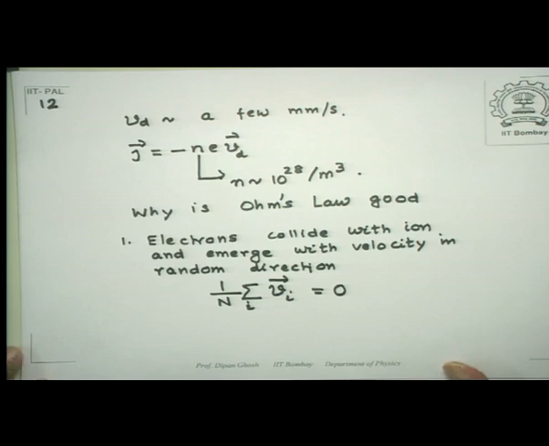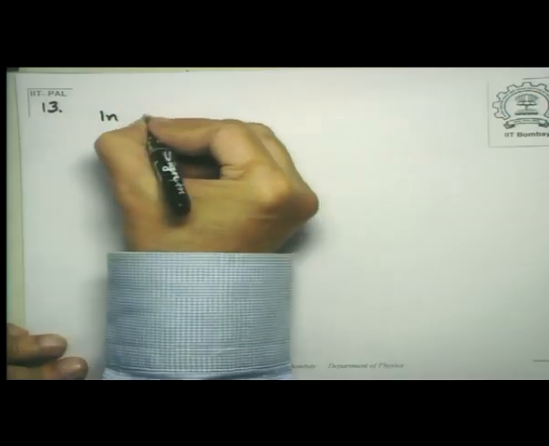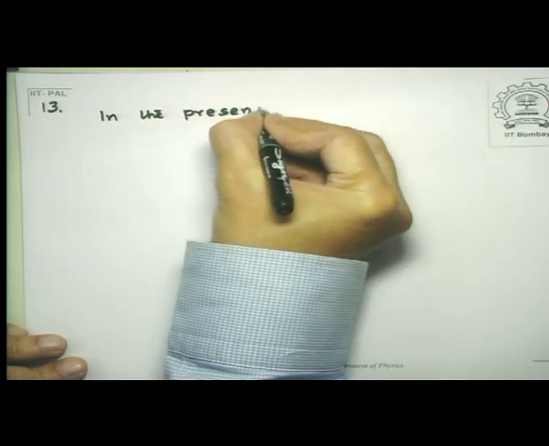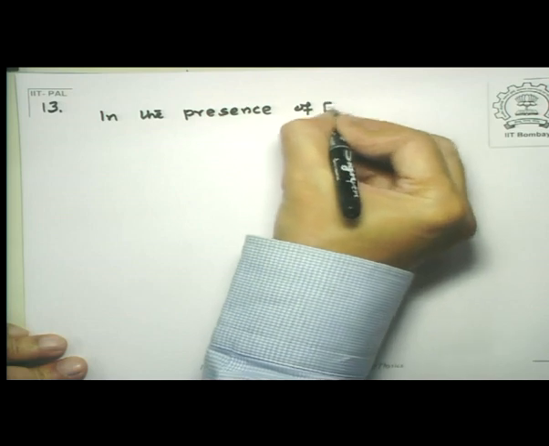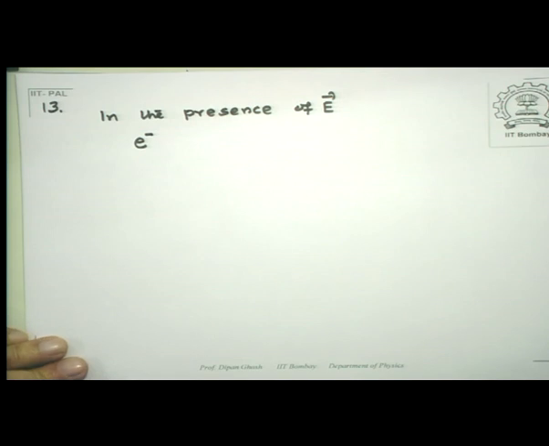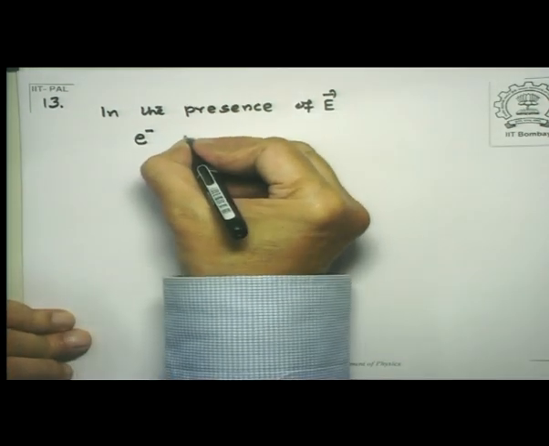So let us look at what happens if I now put an electric field in it. We said in the presence of an electric field, the electrons would get accelerated. So the way the thing works is this. In the presence of electric field, electrons, which I will write for shorthand by e-, get accelerated.